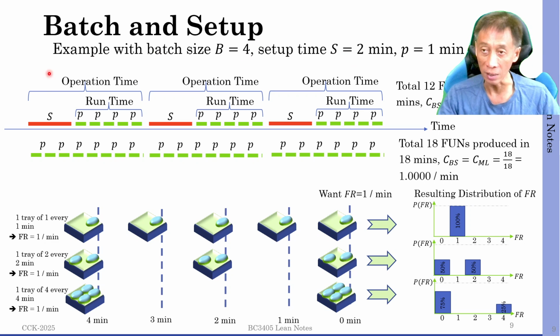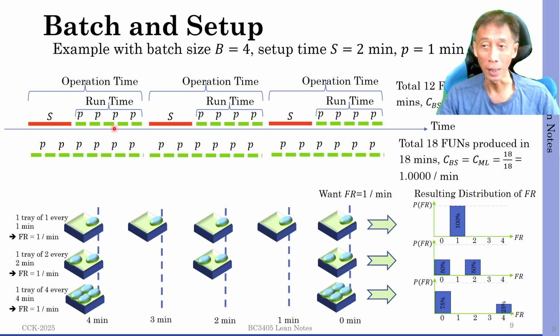So you can understand. Now let's look at the time axis. In the first tray processing, the machine incurs 2 minutes, right? Then it starts to bake and bake and bake and bake, 4 of them. So 4 minutes. Altogether 6 minutes.